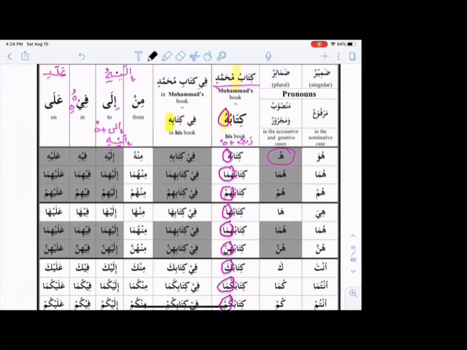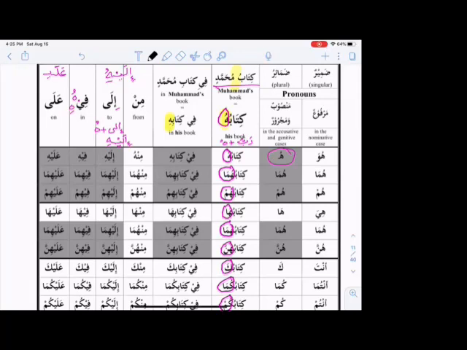Five pronouns. Ilayhi, ilayhima, ilayhim, ilayha, ilayhima, ilayhinna. No change. Ilayhima, ilayhinna. That's it.